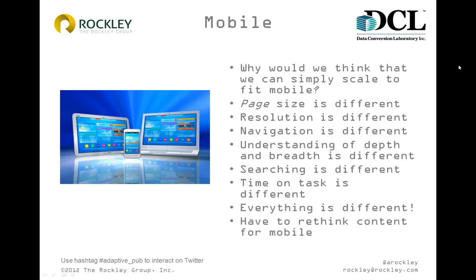The statistics are showing that people spend a whole lot less time doing something when they're in a mobile environment. And so that means you're going to lose them even faster than you would with a desktop and web. So again, everything is different. We really have to rethink what we're doing with our content for mobile.